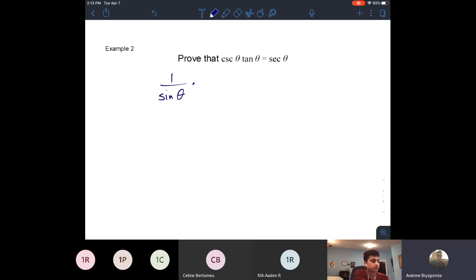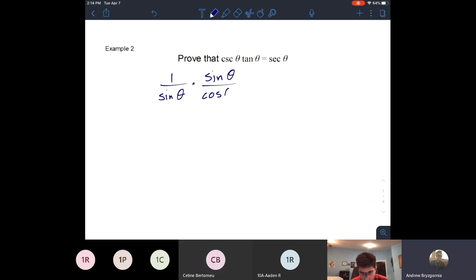We want to use a different thing that tangent is equal to. Two of the other trig ratios divided will also be the same thing as tangent. Sine over cosine? There we go. That's what I'm looking for.